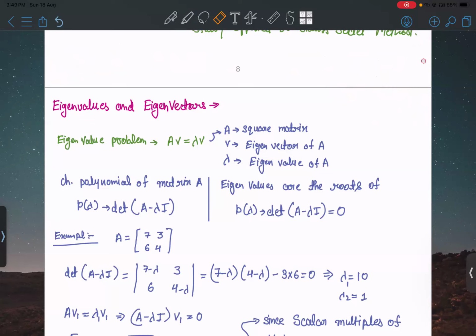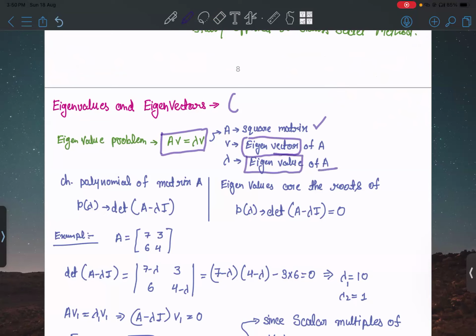Now we will see the second type of problem, which is known as the eigenvalue and eigenvector type problem. Now we'll see A V equal to lambda V type of problem, where A is a square matrix, V is the eigenvector of the matrix, and lambda is the eigenvalue of the matrix.